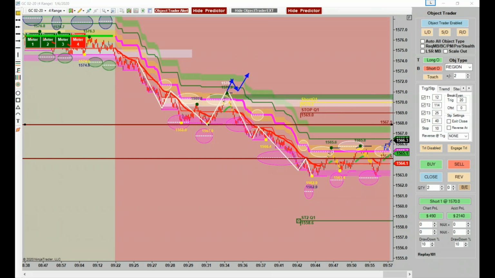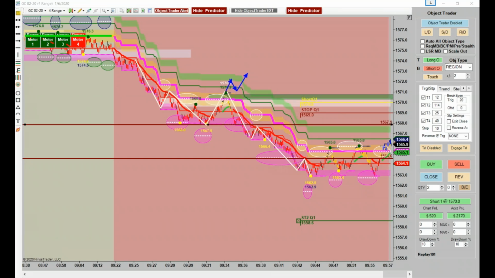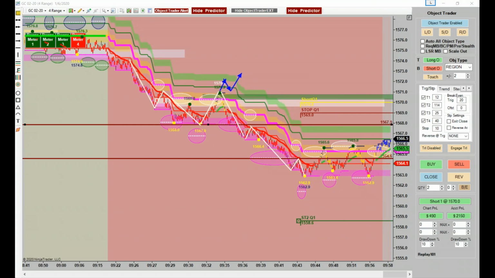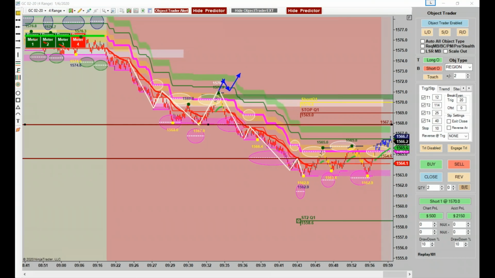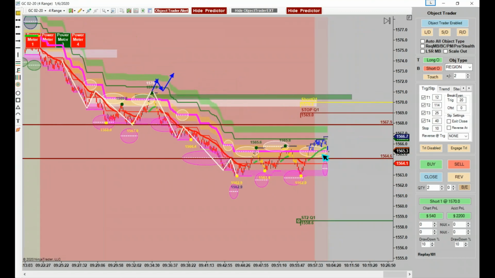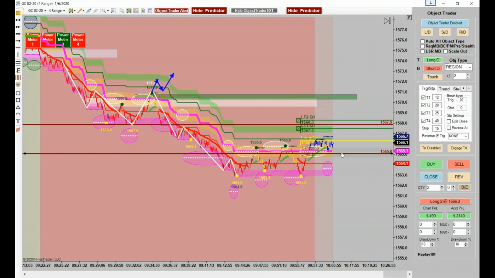Let's see what they actually did just for the fun of it. Now, boxing in, I would probably take this trade. See, it thrust up, it pulled back. You want to try one just real quick? Well, too late. But anyway, I would have boxed it right there. And let's see if it works, just for the fun of it.